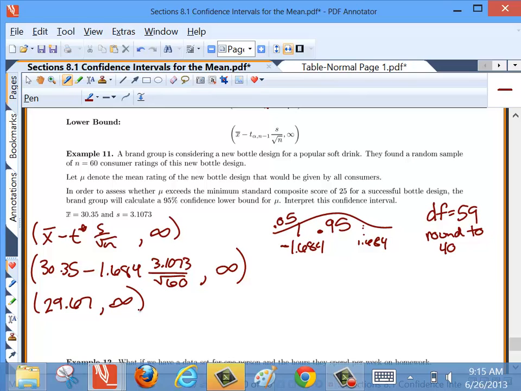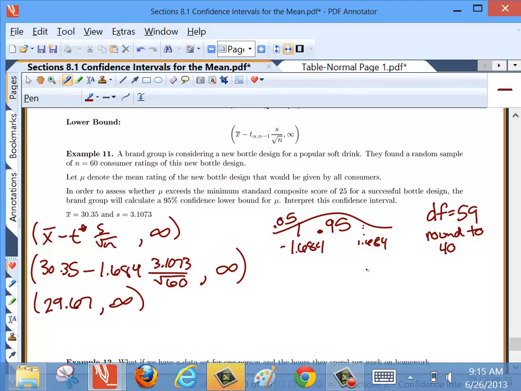So you just ignore the negative sign? Yeah, because by definition, the critical value is always defined as the positive one. And so it would be minus a positive, or if you want, you can add a negative. Just make sure, since it's the lower one, that when you're done, this is a minus.